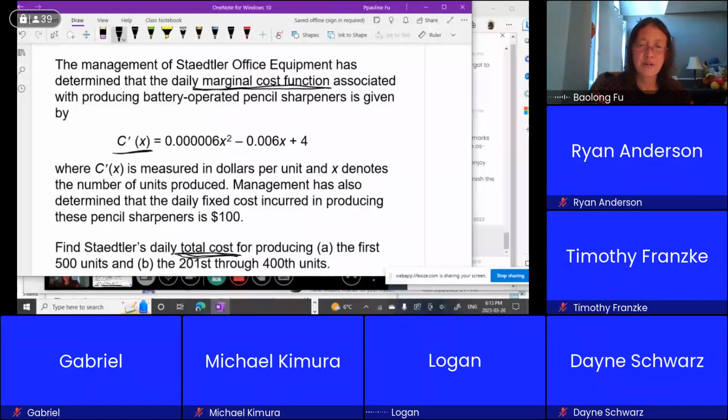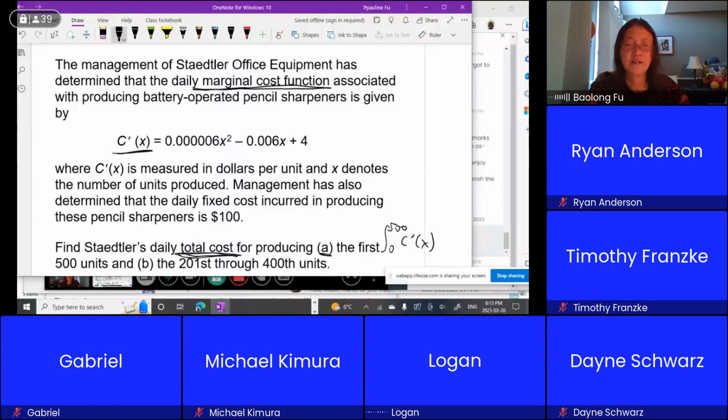So question A: what is the total cost for the first 500 units? It should be the integral from 0 to 500 of C prime(x).